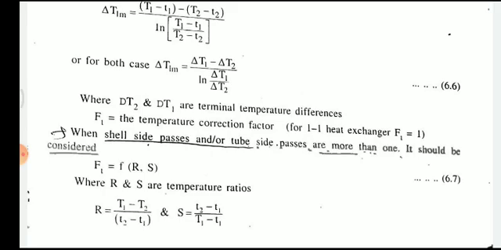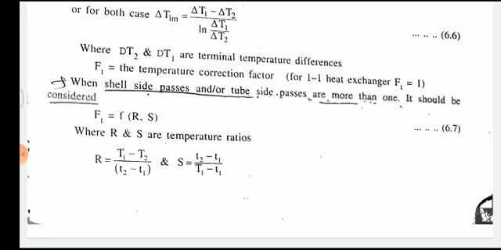When shell side passes and tube side passes are more than 1, it should be considered as F of T equal to F of R, S, where R and S are the temperature ratios.